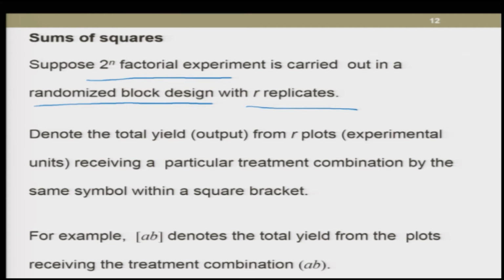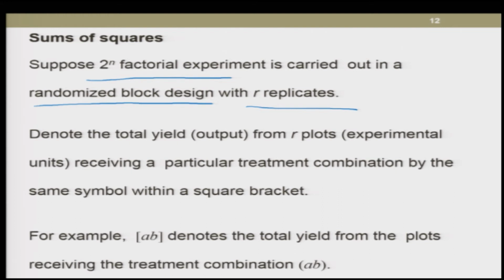You may recall that I have repeated this sentence a couple of times during these lectures, that factorial experiments are always conducted inside a block design. That can be randomized block design, Latin squared design, balanced incomplete block design, or any type of block design.